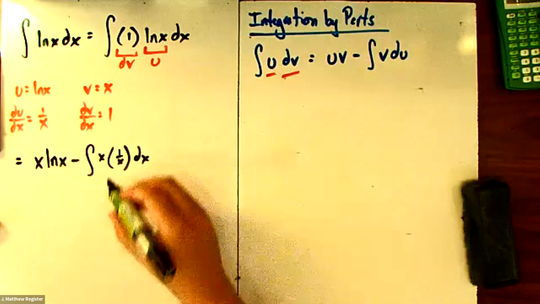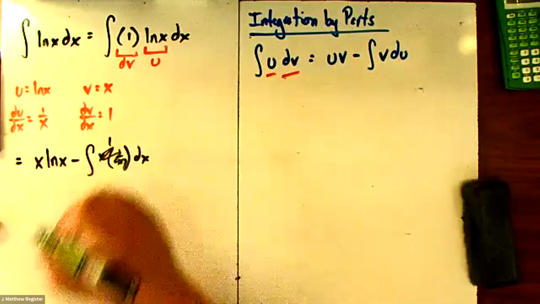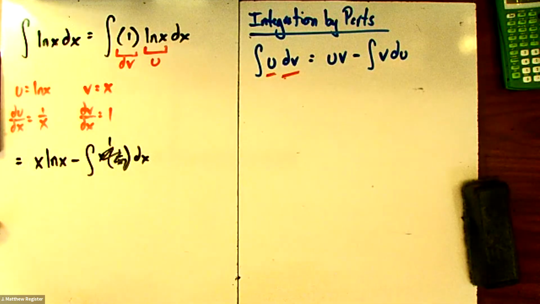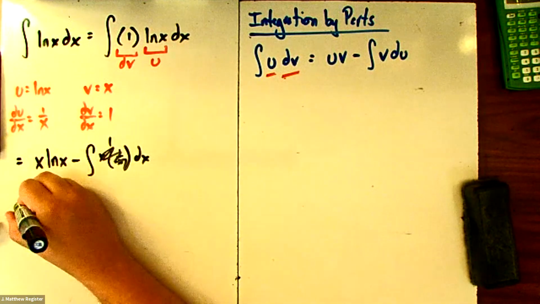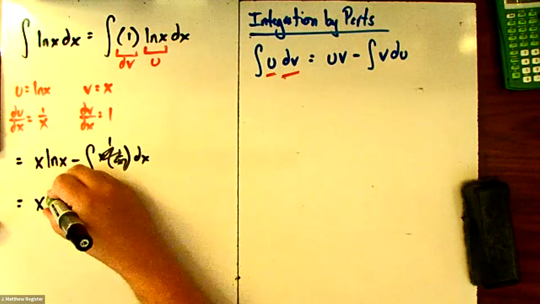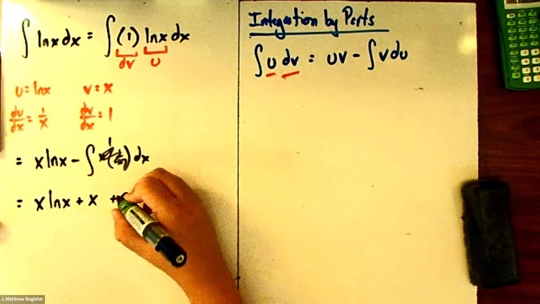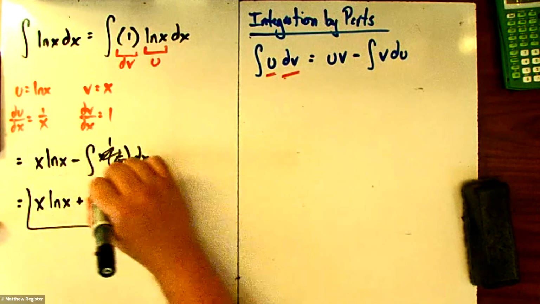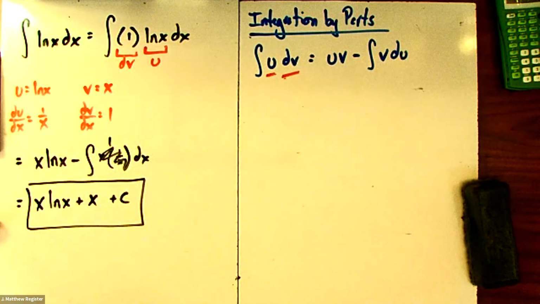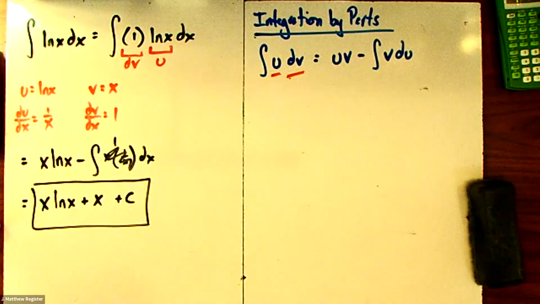And so this is really just the integral of 1. And the integral of 1 is just x. So that is the formula for the antiderivative of the natural log of x.